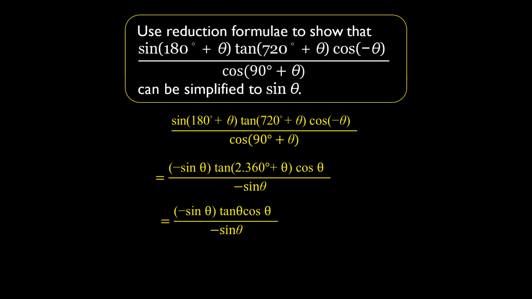Then we can again simplify, substitute. We can cancel minus sine theta and sine theta. Then tan theta can be written as sine theta over cos theta, where the denominator cos theta will be cancelled with cos theta. Finally, we get the beautiful answer, sine theta.